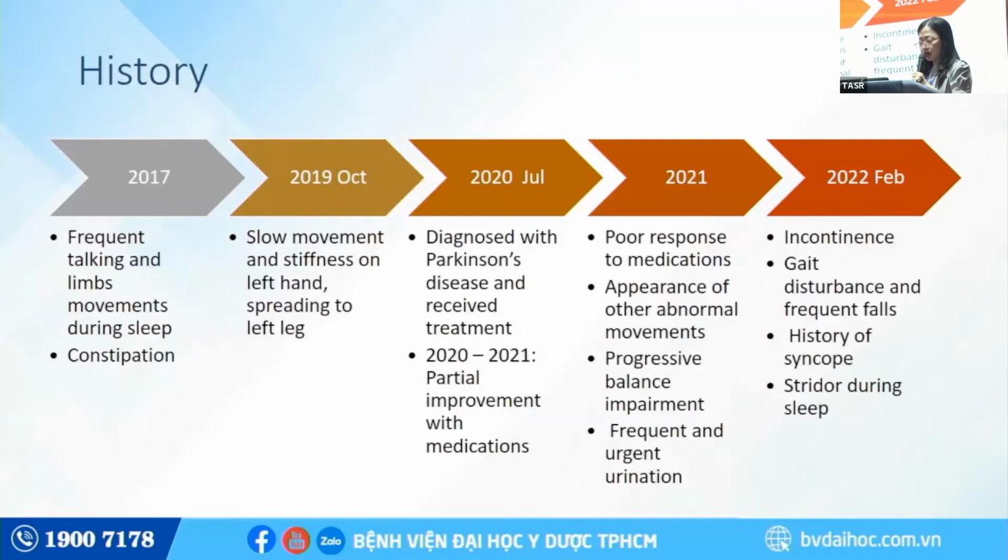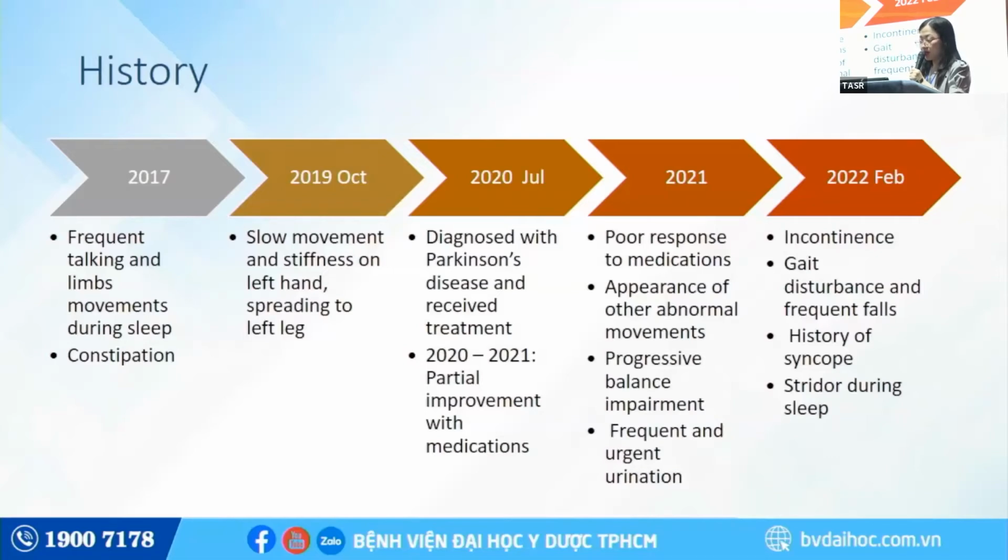Eight months later, she was diagnosed with Parkinson's disease and received treatment. In the first year, she had a partial improvement with medication. But after that, she had a poor response to medication. She started to have other abnormal movements. She also had progressive balance impairment and frequent and urgent urination.